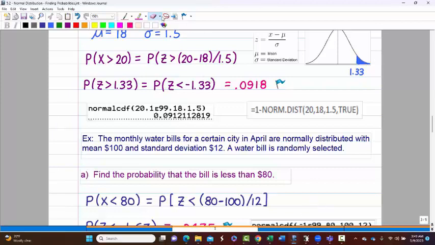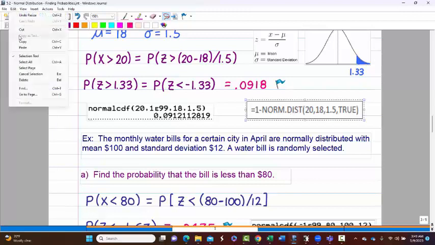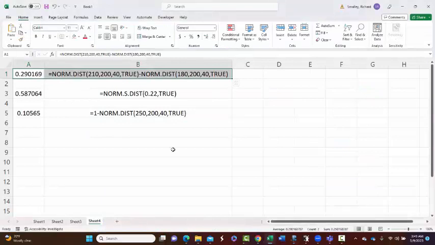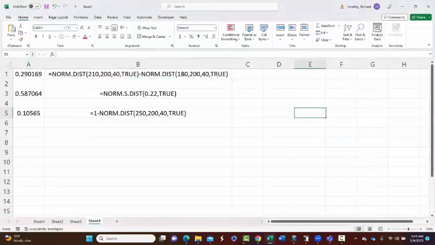I'll just copy this over so I don't mess it up here. I'll just keep toggling back and forth. Let's put it over there somewhere.